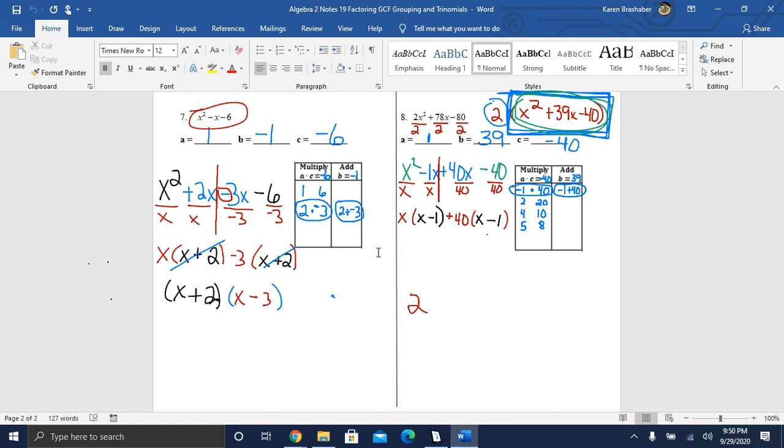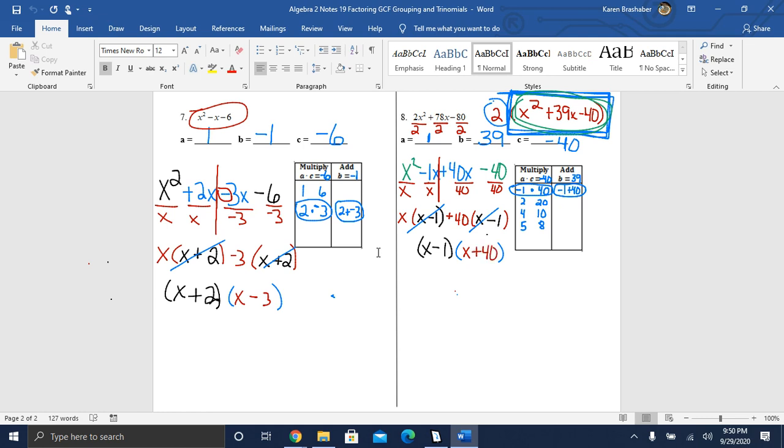Now, I wrote my 2, and I guess I wrote it a little low. So I'm going to erase it and bring it up here in just a minute. I have my x minus 1 as my common factor now. I can take it out. And then I have what I didn't mark out, which was x plus 40.